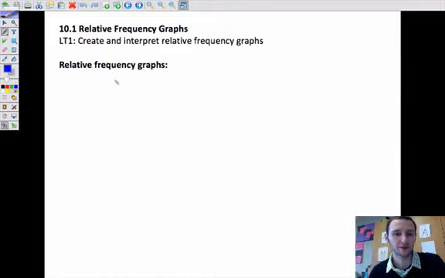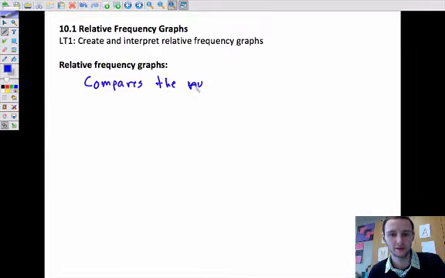But a relative frequency graph compares the number in a category to the total.